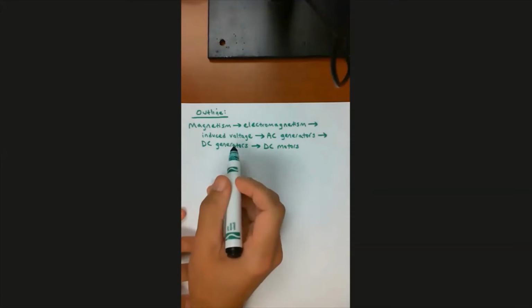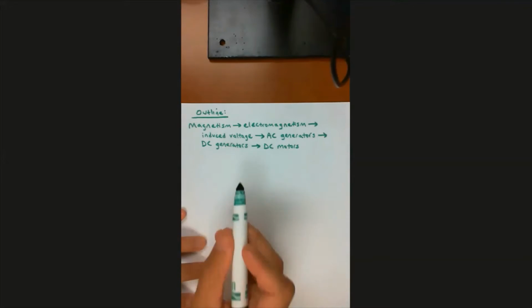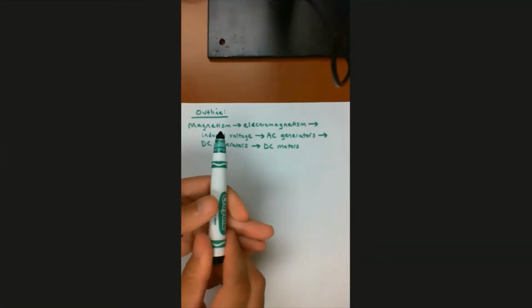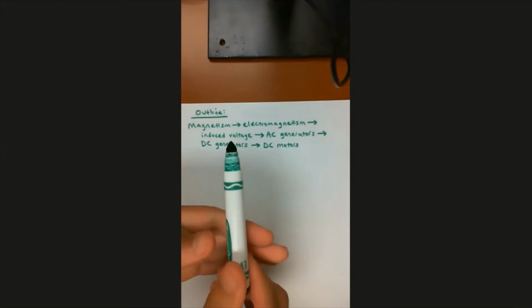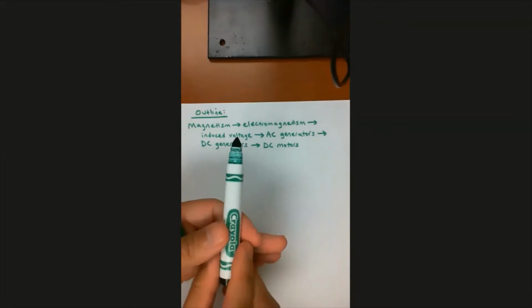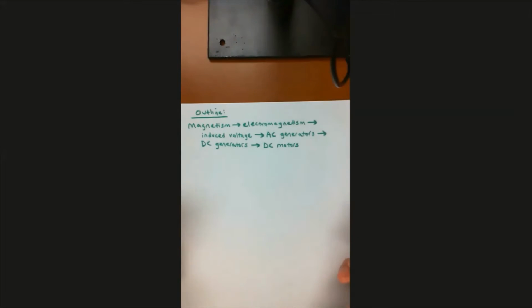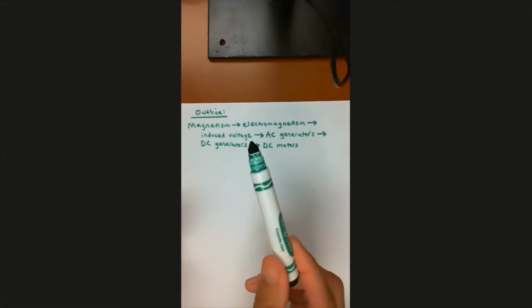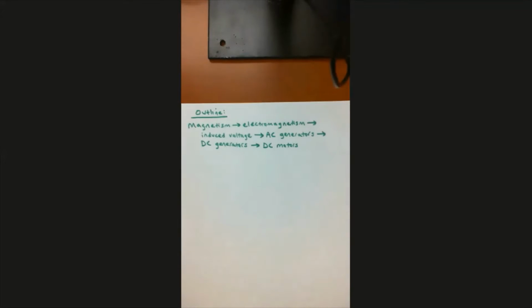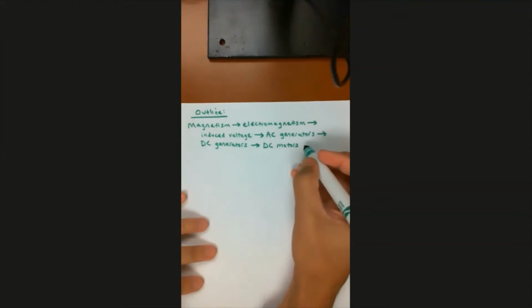If you think about it, with a DC generator, you put in rotating kinetic energy. We'll talk more about this later, but with the generator, you put in rotating kinetic energy and you get electricity out. A motor is the exact opposite: you put electrical energy in and you get rotating kinetic energy out. So they're really not too dissimilar.